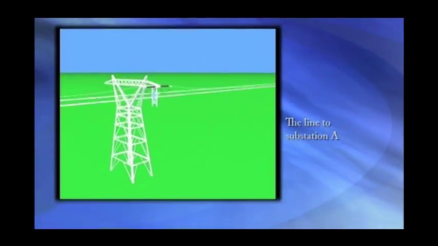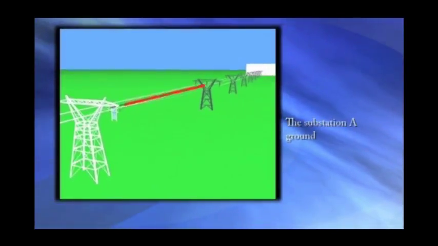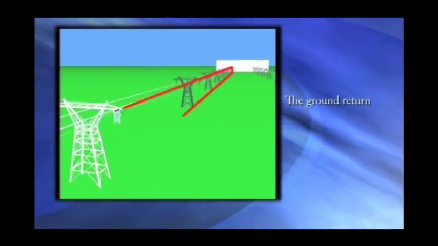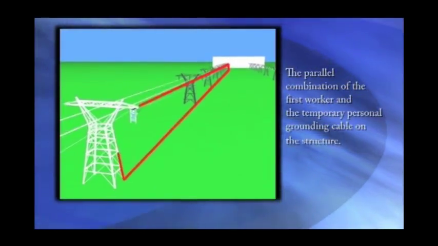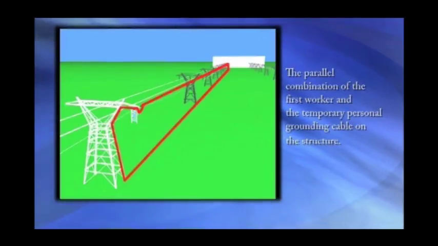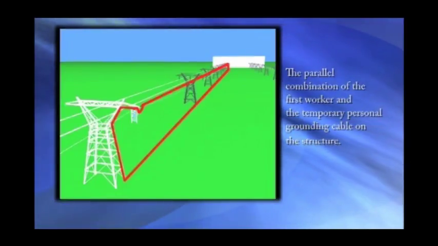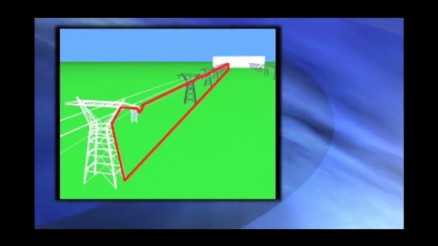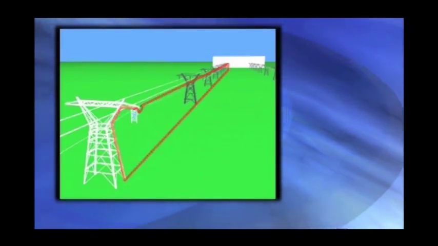When the second worker separated the jumper sections, the two loops became separated. The small loop consisted of the line to substation A, the substation A ground, the ground return, and the parallel combination of the body of the first worker on the aluminum ladder and the local temporary personal grounding cable on the structure. This small loop carried a small induced current.